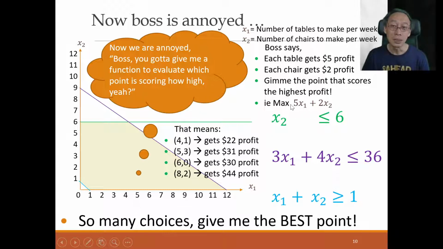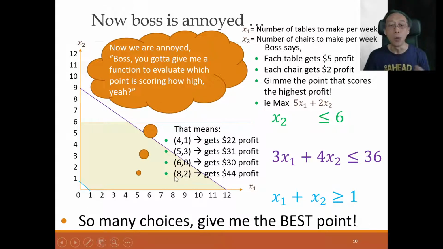This objective function is then applied to each and every candidate among all points in this polygon, and it turns that point, the xy coordinate, into a number. Because if you plug in 4, 1 into 5 times 4 plus 2 times 1, you get 22. And if you continue to do that, every point becomes a number, as you can see. And obviously now, and objectively, we can say $44 is the highest.